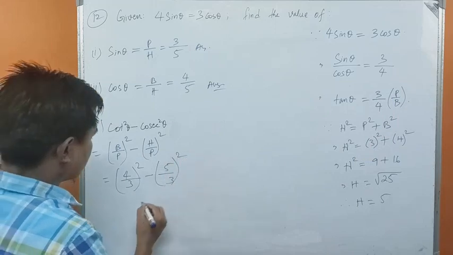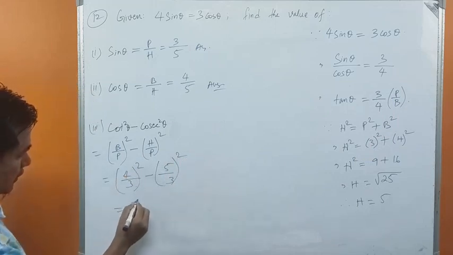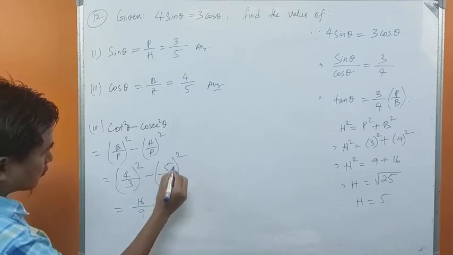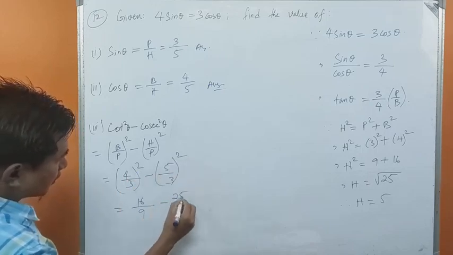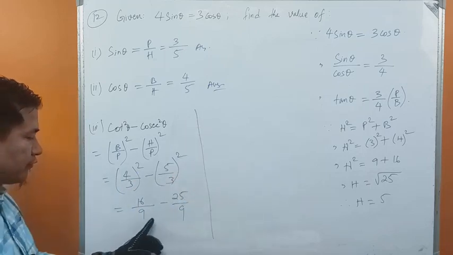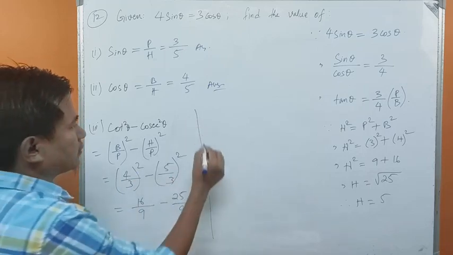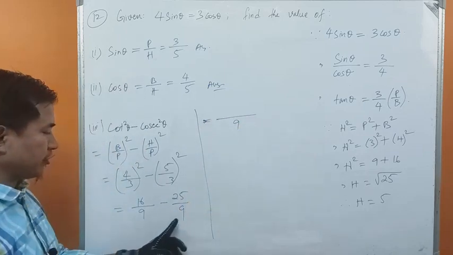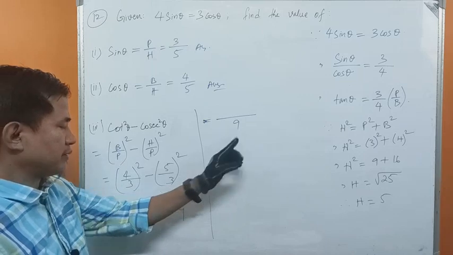Whole squared. So 4 squared is 16 upon 3 squared is 9 minus 5 squared is 25 upon 3 squared is 9. So we have 9 and 9 in the denominator, therefore the LCM will be 9, isn't it? If the denominators are equal, the LCM will be the same number.